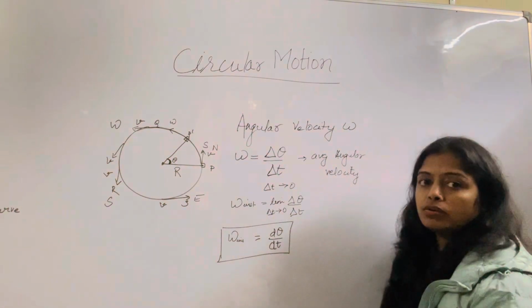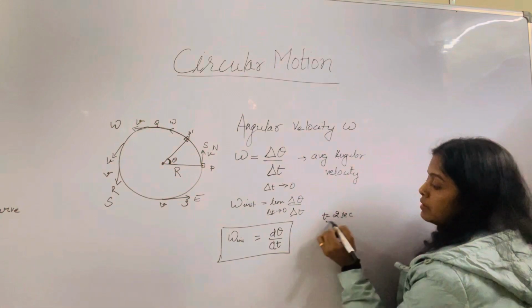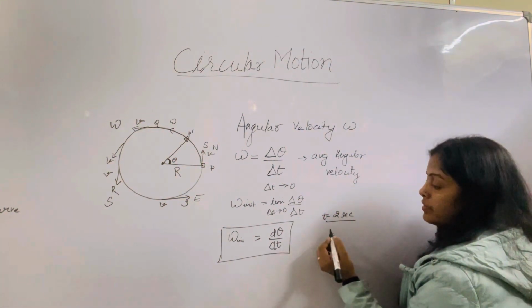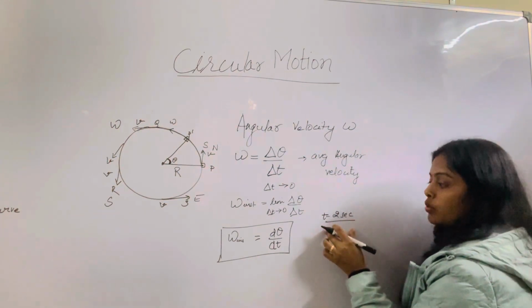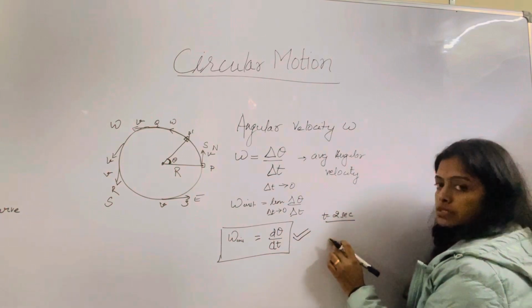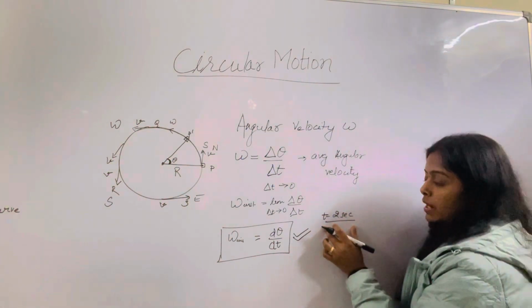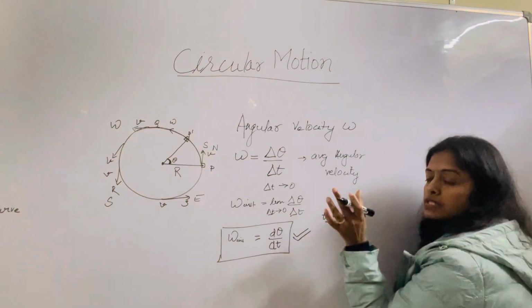Suppose we have to calculate the angular velocity at time t equal to 2 seconds, and we have some formula. At that particular time we use this formula of instantaneous velocity at t equal to 2 seconds. When we talk about the average, we are using a certain range.